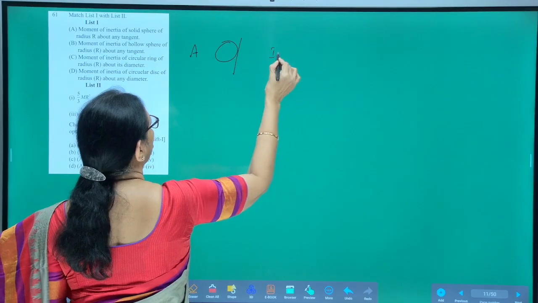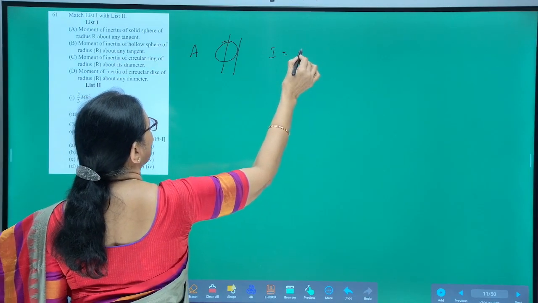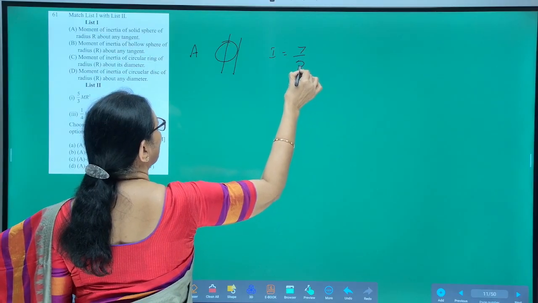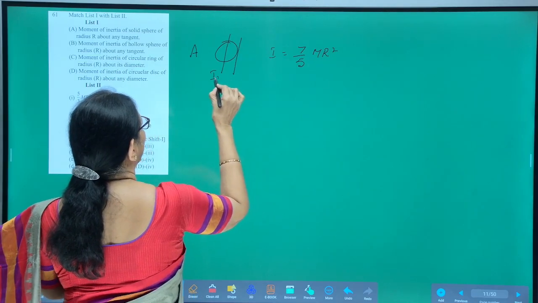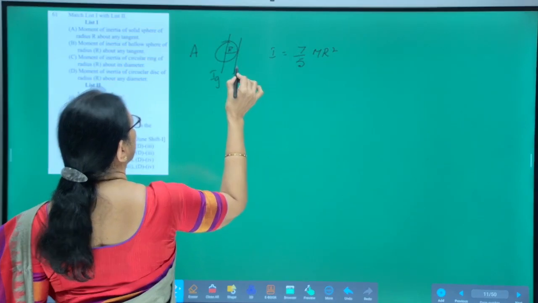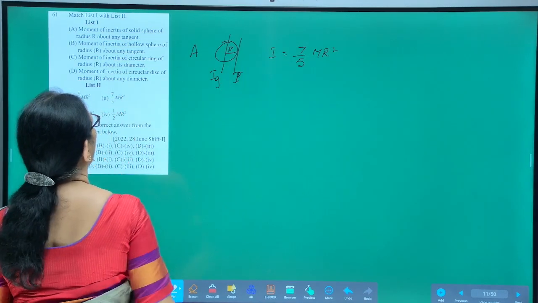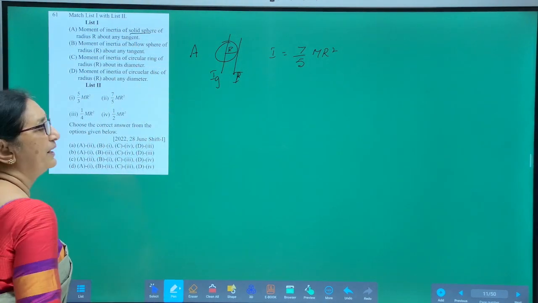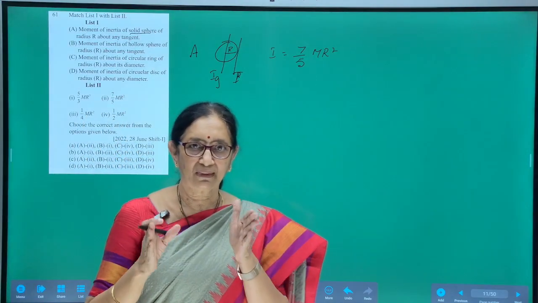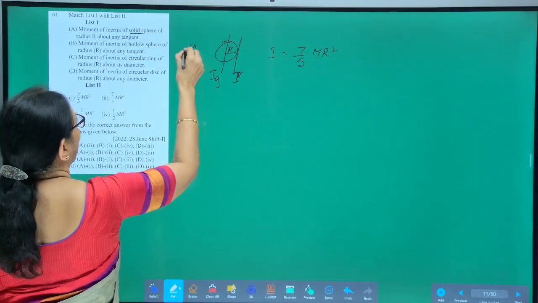Its moment of inertia is 2 by 5 mr square plus mr square, which is 7 by 5 mr square. From the parallel axis theorem, we find this: I is Ig plus mr square. For a solid sphere, the moment of inertia is 2 by 5 mr square, so 2 by 5 mr square plus mr square is 7 by 5 mr square.